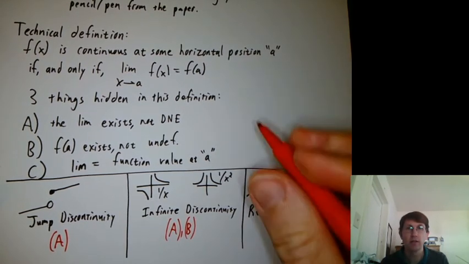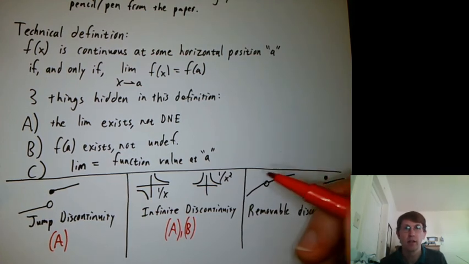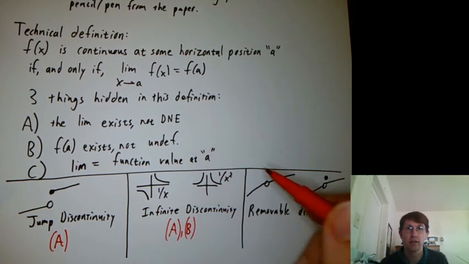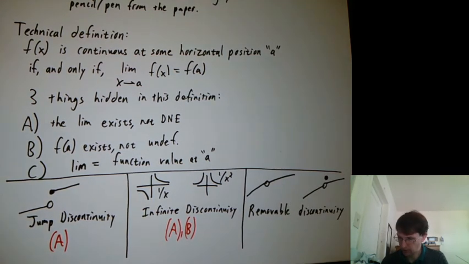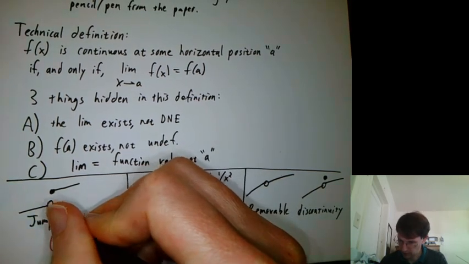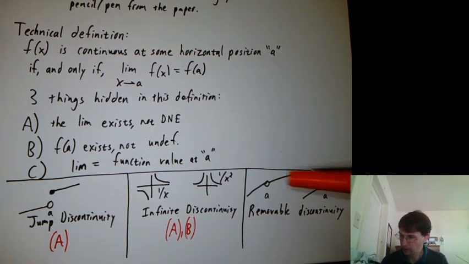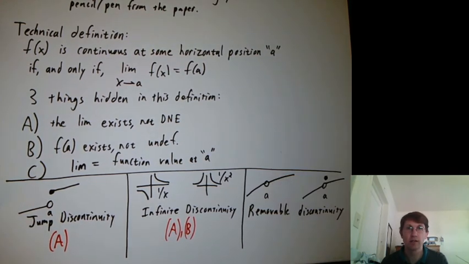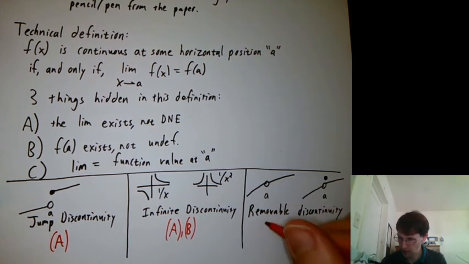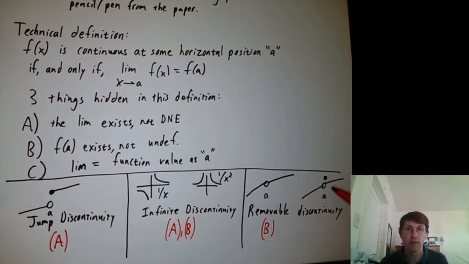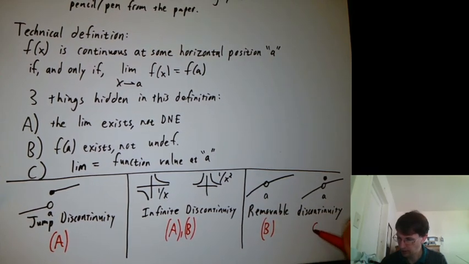Here, what's the issue with one of these? It's that the function doesn't exist. If we say, here's the horizontal location A, for this one, the function value does not exist at A, so that's a problem with B. And here the function value does exist, but it's not equal to the limit from both sides, so that's a problem with C.